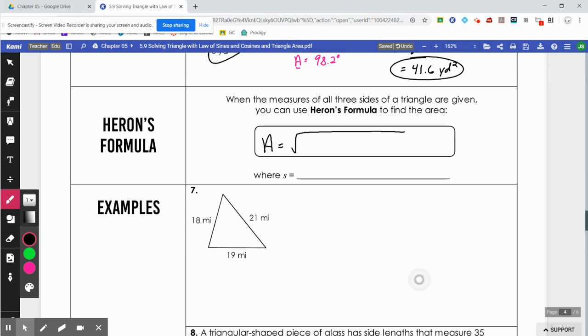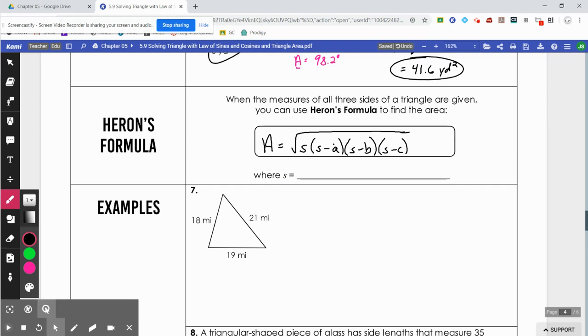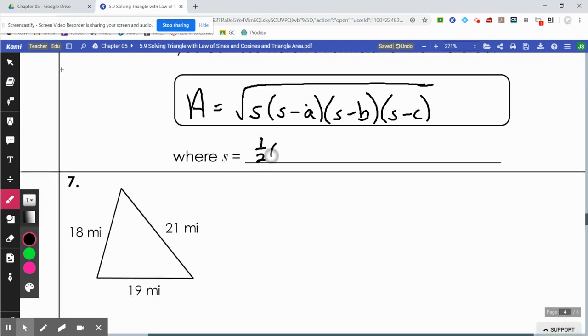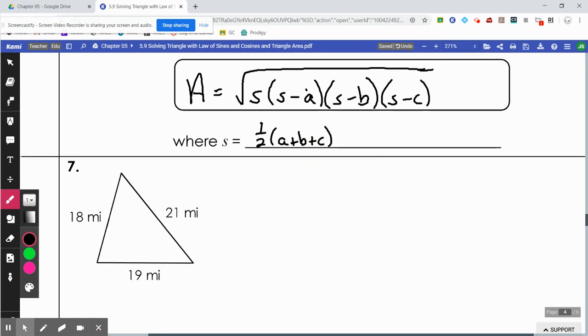Heron's formula is equal to area is the square root of S times S minus A times S minus B times S minus C. All of that under the radical, where S is equal to half of A plus B plus C. So A plus B plus C, that's the perimeter. So S actually stands for the semi-perimeter or the half perimeter. So you add up all the sides and divide by 2.